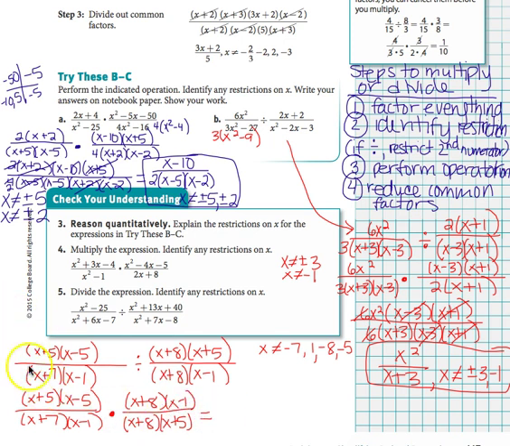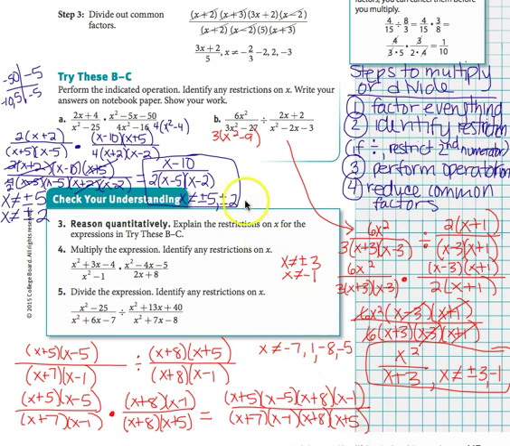And then I can multiply top times top, bottom times bottom. So x plus 5, x minus 5, x plus 8, x minus 1 are all in the top. And in the bottom, x plus 7, x minus 1, x plus 8, x plus 5.